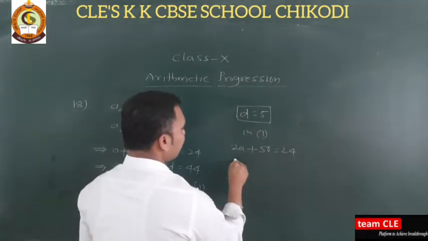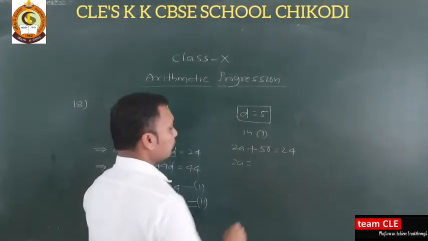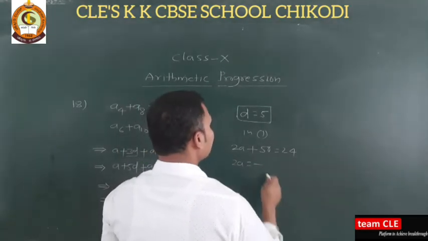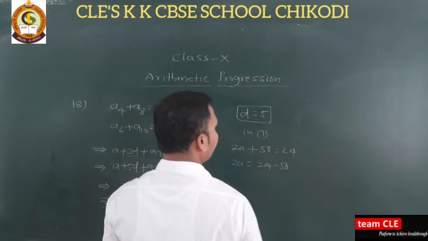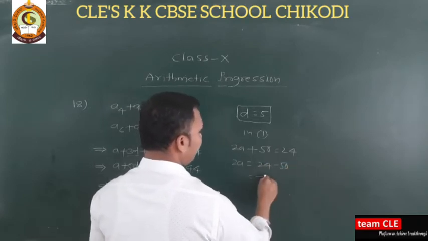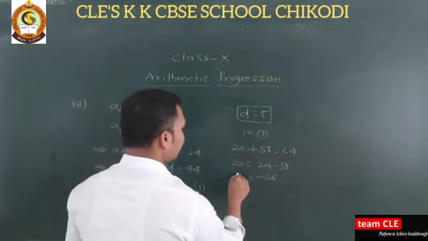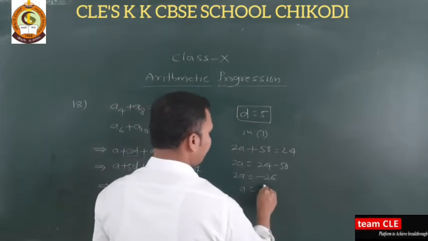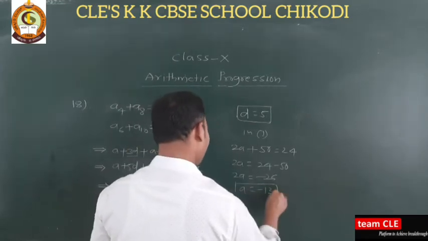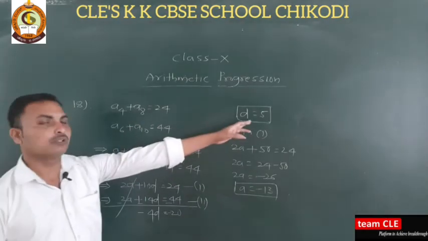Now 2A is equal to 24 minus 50. So how much you will get? Minus 26 will get it is. Okay. So minus 26, and this is 2A, but we need value of A, so you can take minus 13 you will get. Okay. So A is equal to minus 13, D is equal to 5 will get.